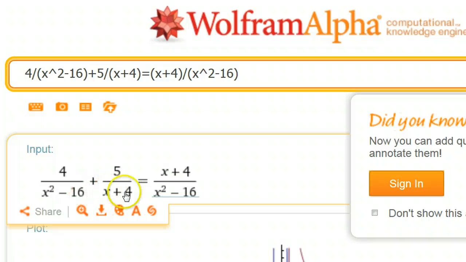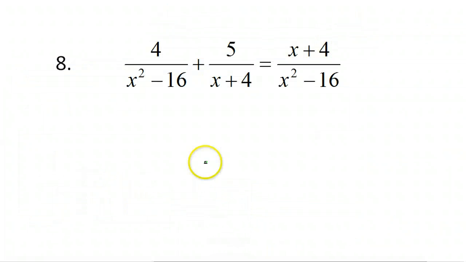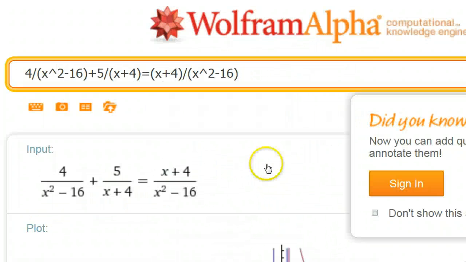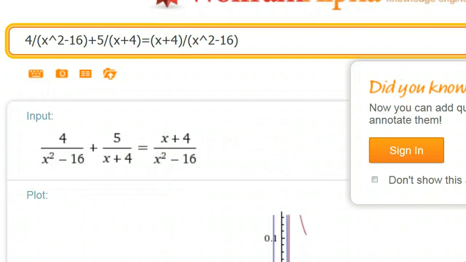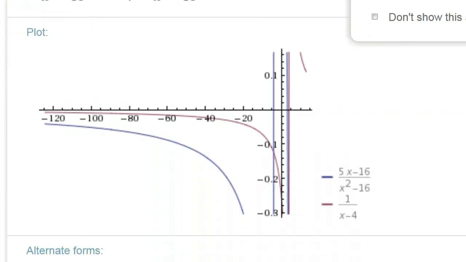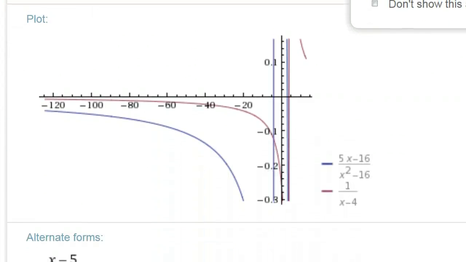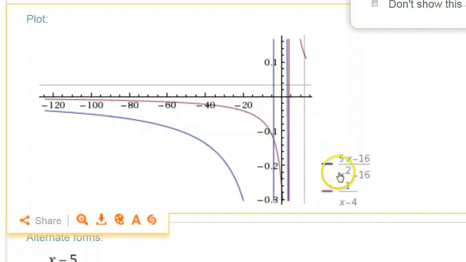Alright, so this is what it thinks we wanted. Yeah, that's exactly what we wanted. So let's take a look at the picture. Alright, that is a very complex looking picture. A lot going on. So yeah, have fun drawing that. That's what you gotta do.